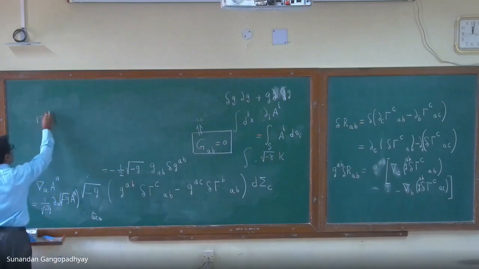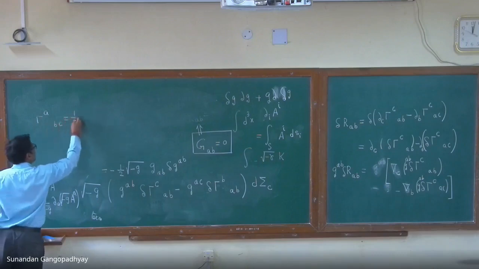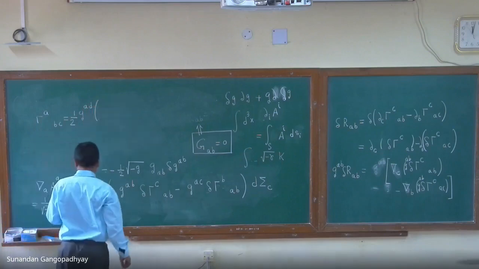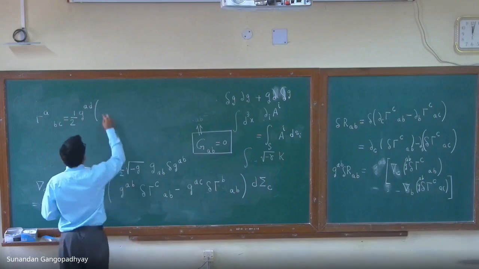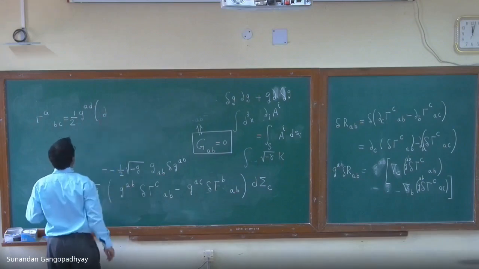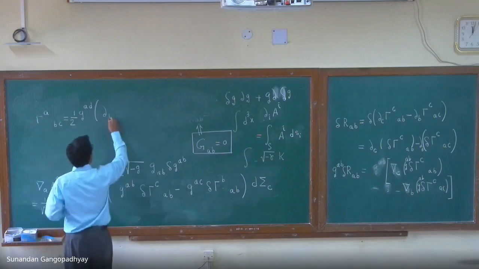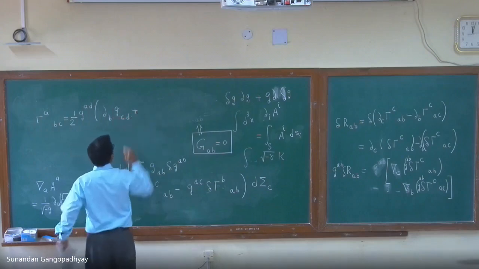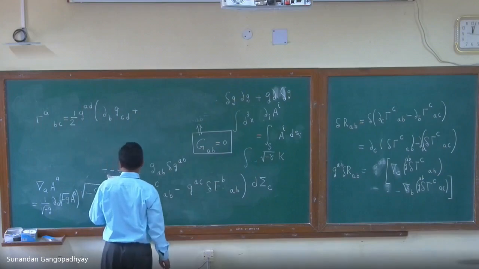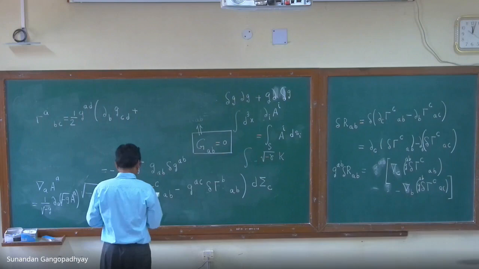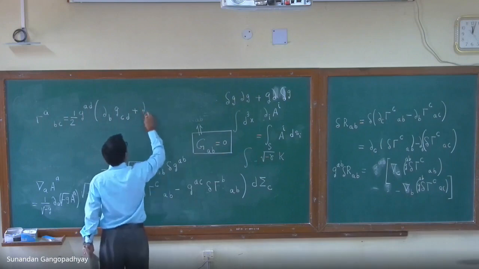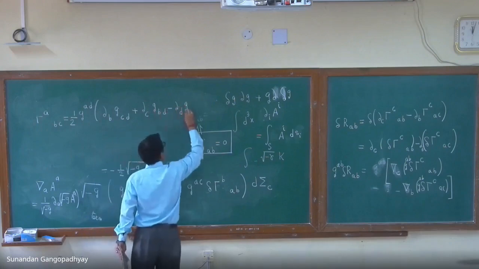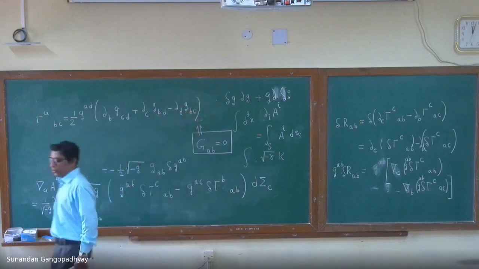Let's take gamma A B C. This is basically half A B... plus del C H C minus A G. So we start from this thing.